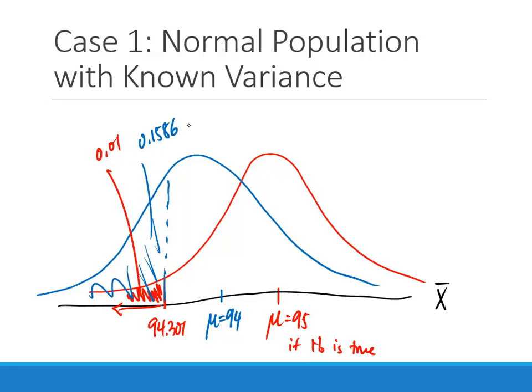Is that right? 0.1587. So if the mean was really shifted over to 94, then the probability that we fail to reject is going to be that other side there. Does that answer your question?